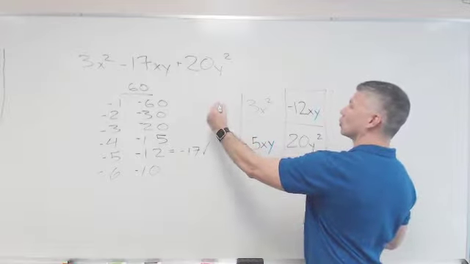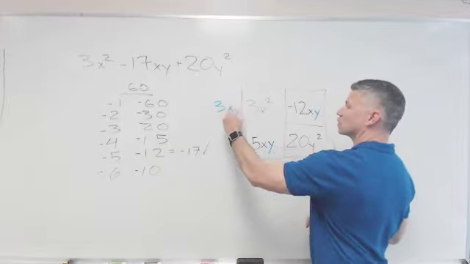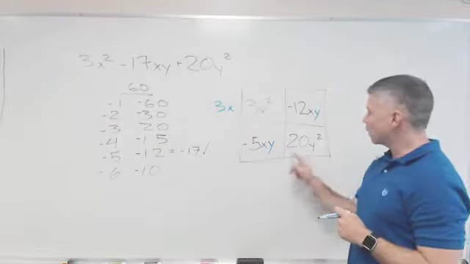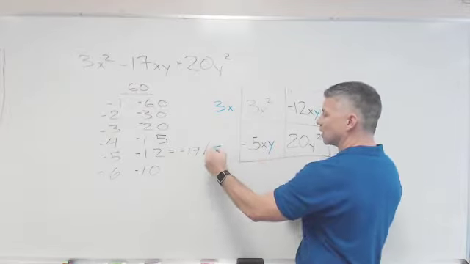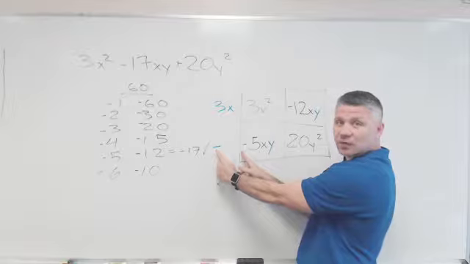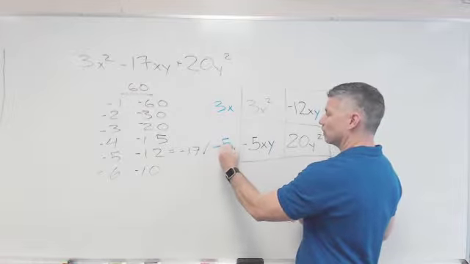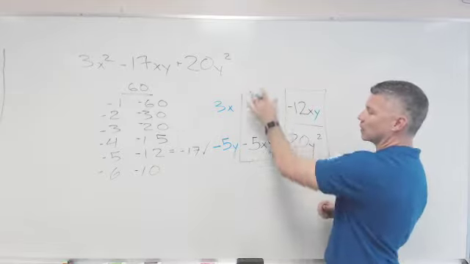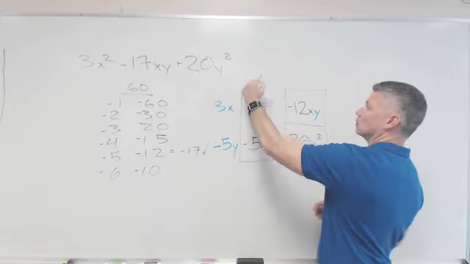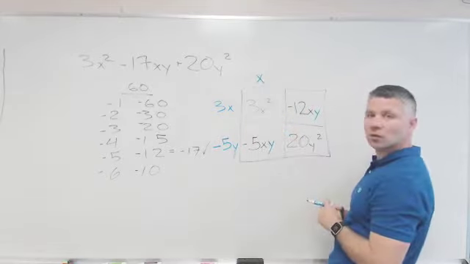GCF of the top row is 3x. GCF of the bottom row is negative, because these signs have to be the same, 5y. GCF of the left column is just an x.